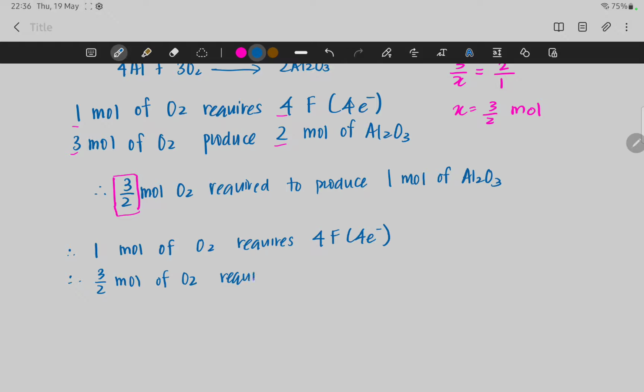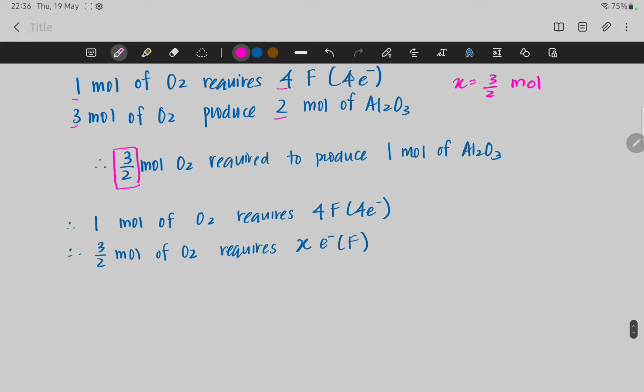So you need to identify how many moles of electrons are used here. I don't know, so I put that as X, electrons, or F. Use the same method: 1 over 3 over 2 equals 4 over X, and your X is 6 electrons.